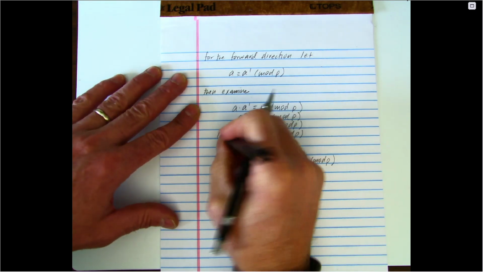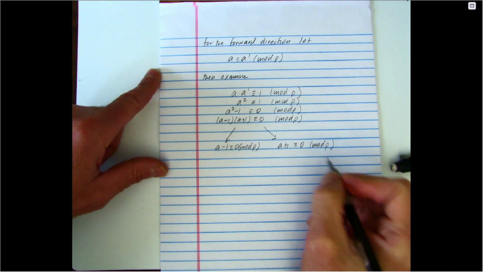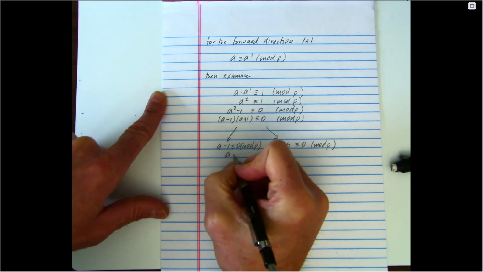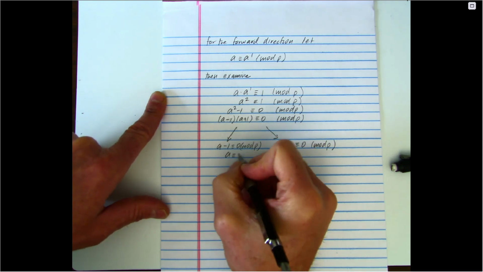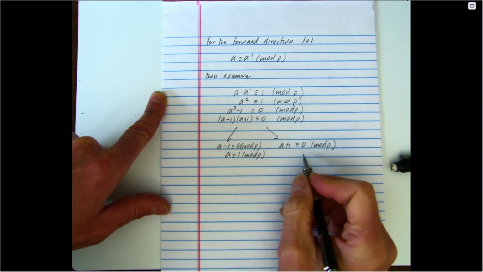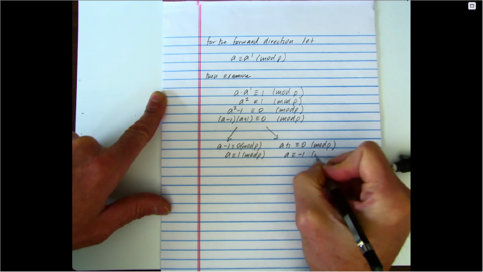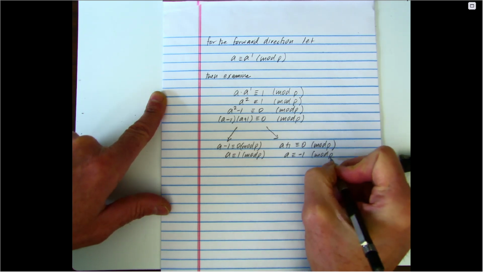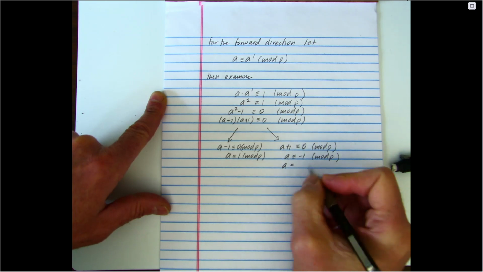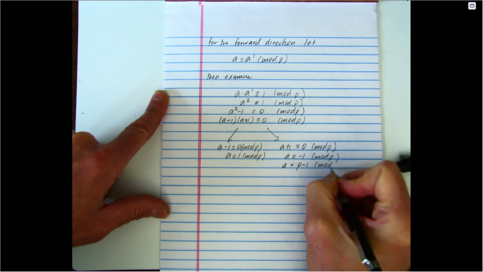This one implies that A is congruent to 1 if I add 1 to both sides. And this one, if I subtract 1 from both sides, gives A congruent to negative 1 mod P, and adding P to it gives P minus 1 mod P.